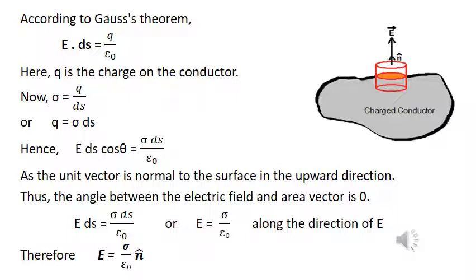So, by solving the equation, we get E is equal to sigma by epsilon naught along the direction of E. And by writing vector E, vector E is equal to sigma by epsilon naught n cap. N cap is showing the direction of the electric field, which is perpendicular to the surface.